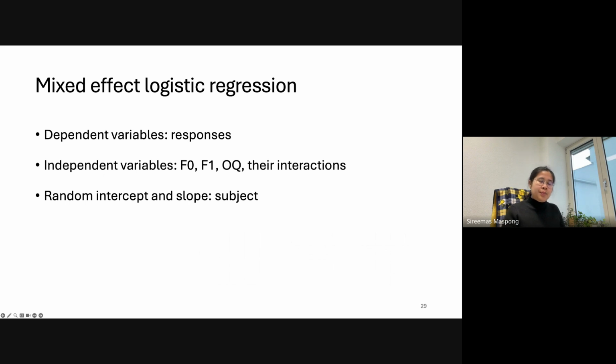We fit the responses of the participants as the dependent variable of a mixed effect logistic regression, with the F0, F1, and open quotient steps and their interactions as independent variables, and random intercept and slope of subject.